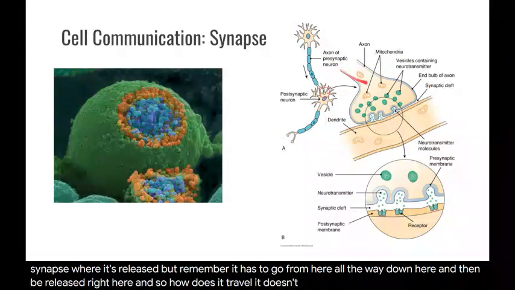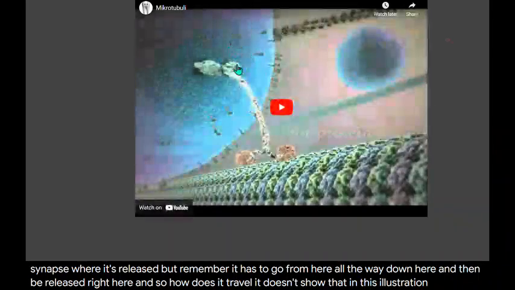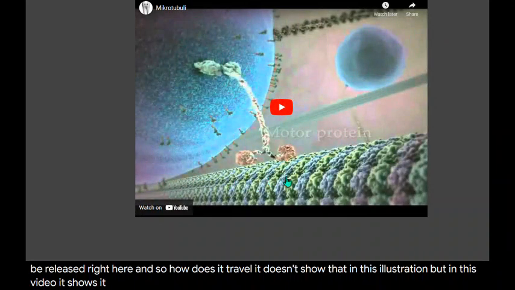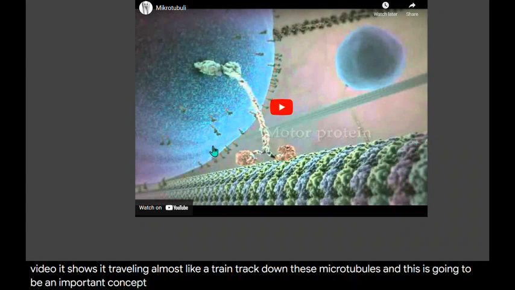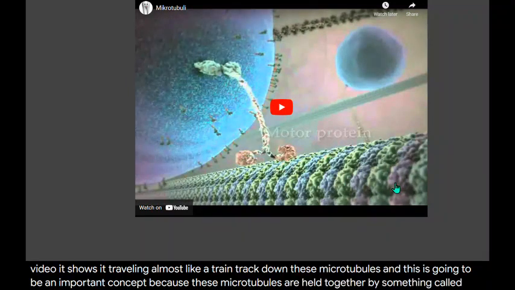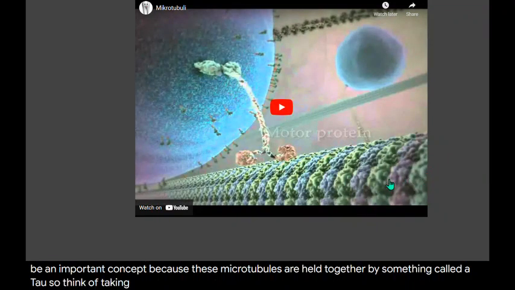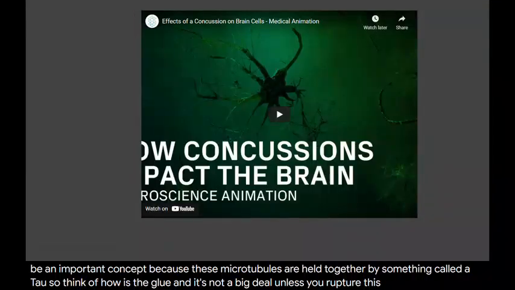It doesn't show that in this illustration, but in this video, it shows it traveling almost like a train track down these microtubules. And this is going to be an important concept because these microtubules are held together by something called a tau. So think of tau as the glue, and it's not a big deal unless you rupture this. So I'll let you look at this by yourself.